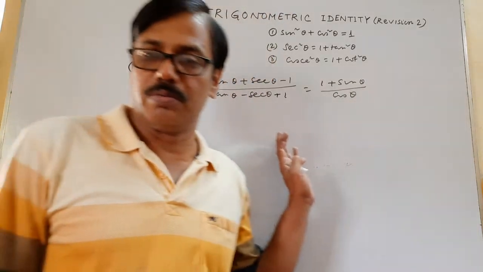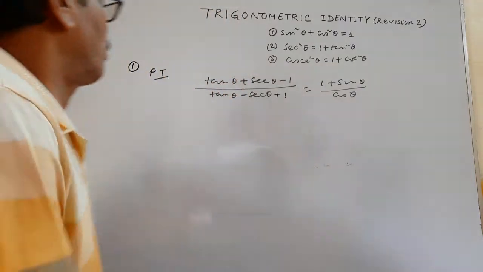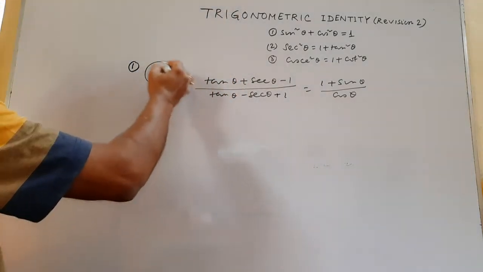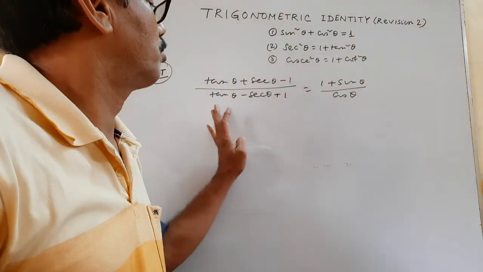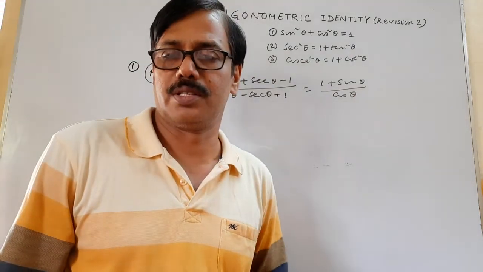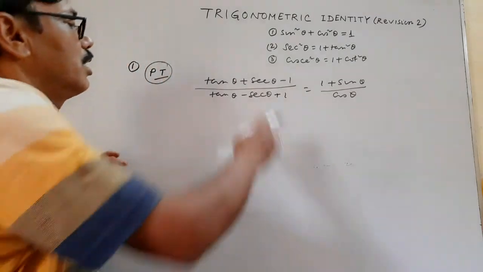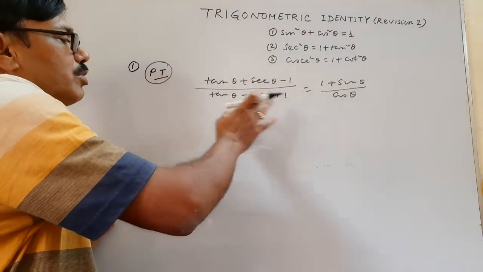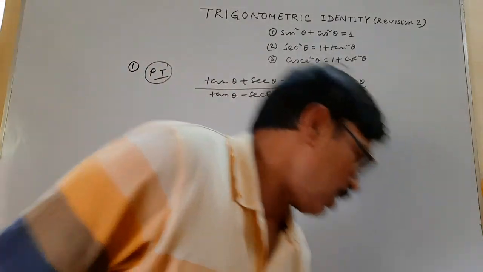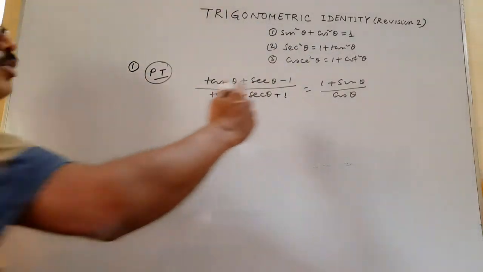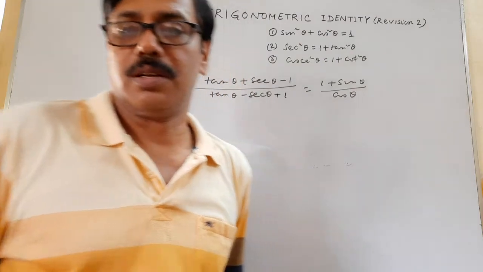This is also a very popular problem of class 10. You can solve it in different ways. Writing it in terms of sine and cos, then simplifying, you may get this result.